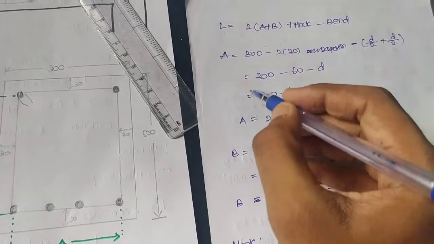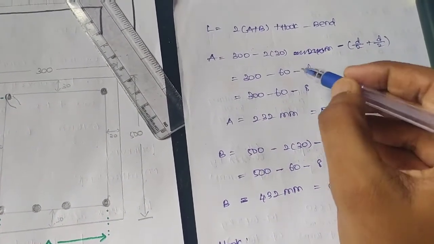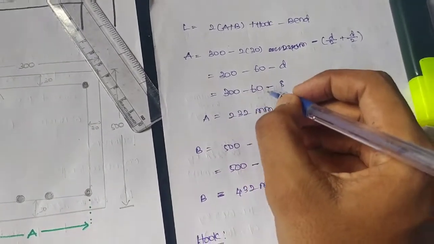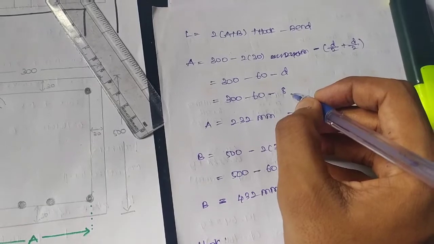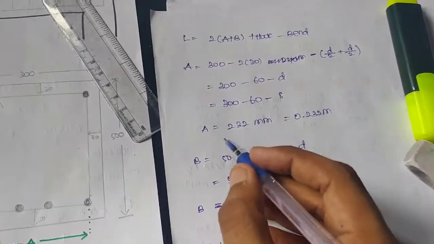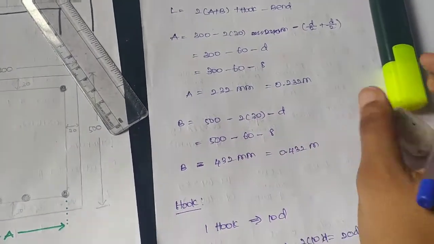So 300 minus 60 minus D, since D by 2 plus D by 2 is D. The diameter of stirrups is 8 mm generally. So 300 minus 60 minus 8, A is equal to 232 millimeter, which is 0.232 meter.